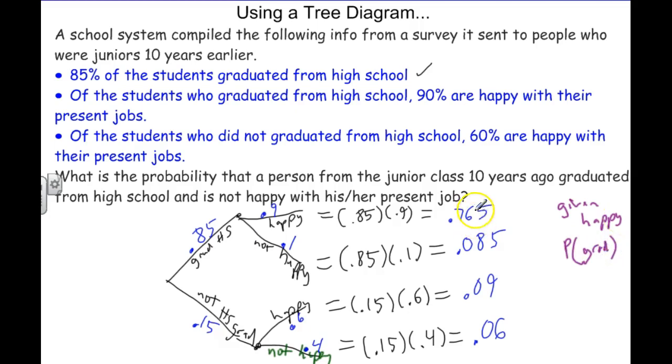So given that you're happy, well, which of these 4 are happy people? Well, 76.5% of people are happy who graduated, and 9% of people didn't. So if I add those two up, 76.5 plus 9 is 85.5%.